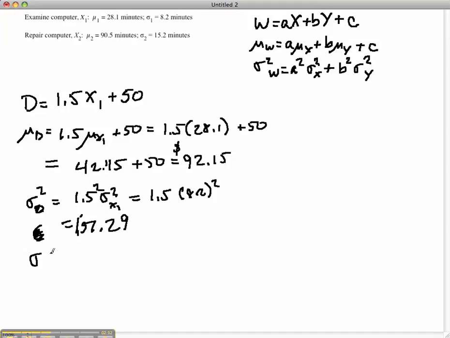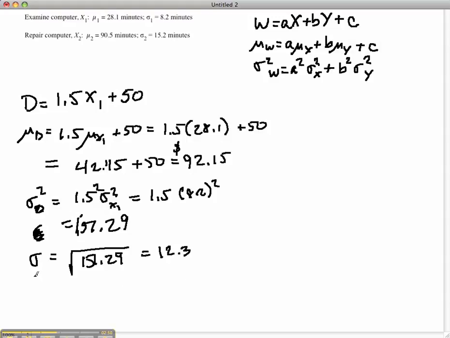So that means sigma is going to be equal to the square root of 151.29, which is 12.3. Okay, and there's question 2.